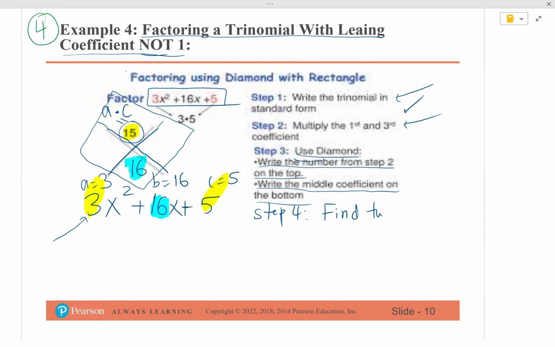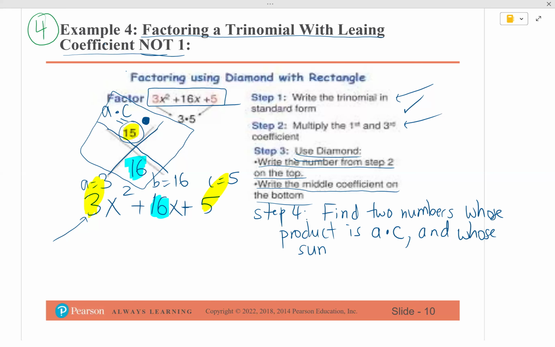Find 2 numbers, very similar to the last technique at this point, whose product is A times C. So that number up there, 15 in this example, I'm going to put a little product sign so I remember. I want to find 2 numbers whose product is that and whose sum, in other words they add up to, the other number, 16. So I'm going to put a plus there so I don't forget.